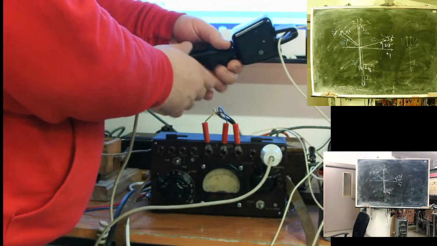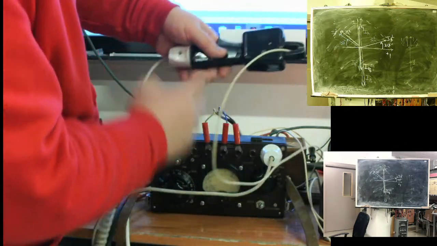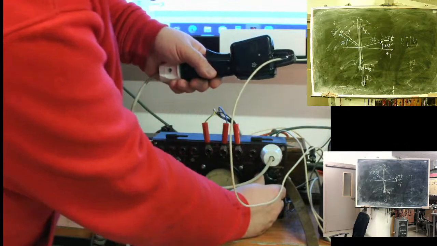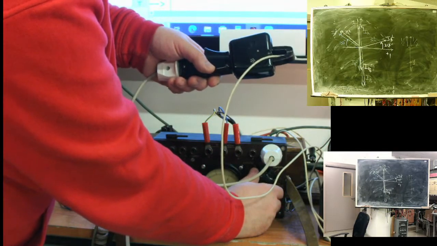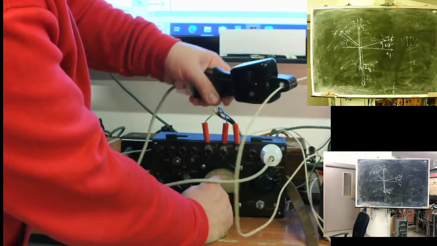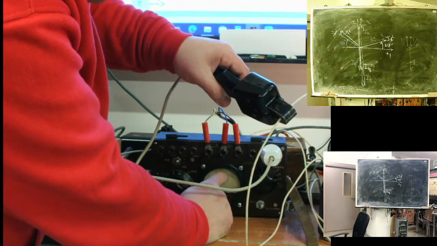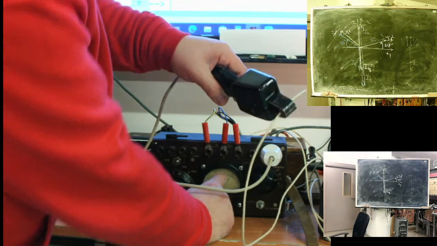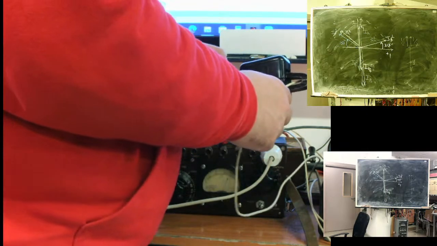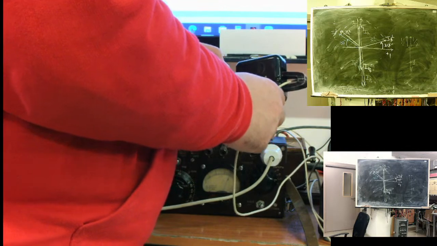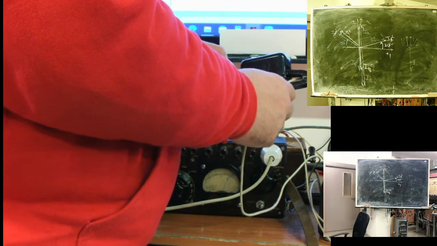2.2 instead of 2.4. And C phase. 0.8. No, it's not 0.8. One second. It is 3.4 multiplied by 2, 6.8. 0.68.